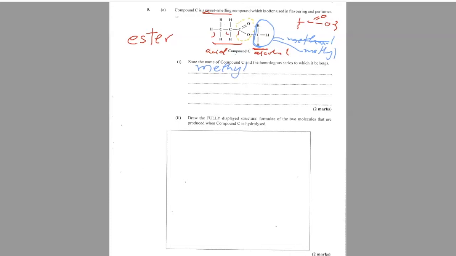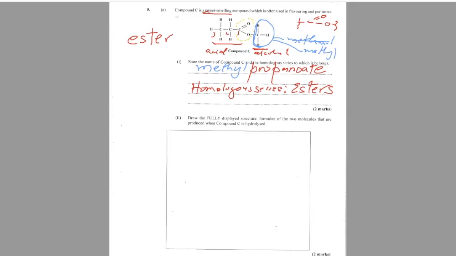So this compound is methyl propanoate. And the homologous series, as we said earlier, is ester. That would have given us 2 marks.